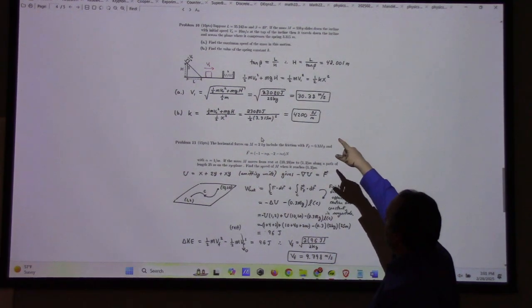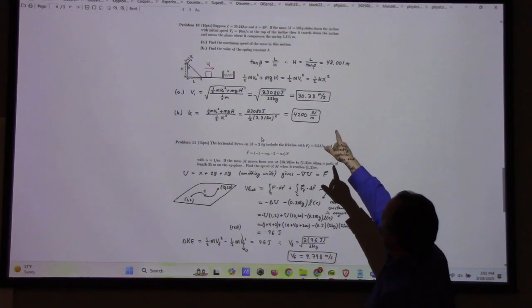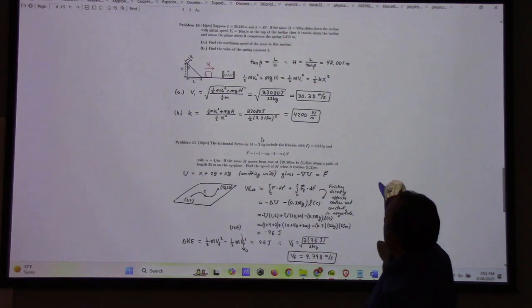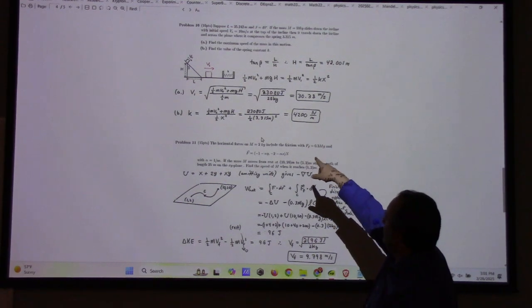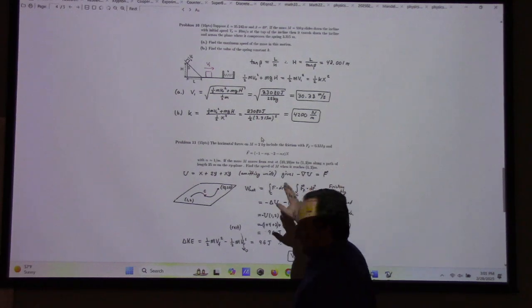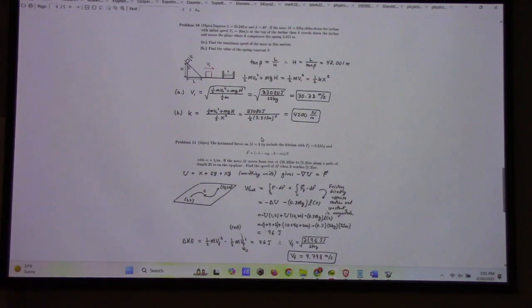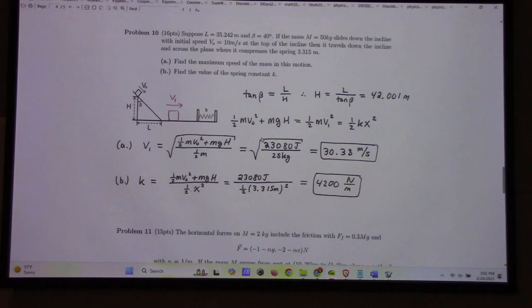I asked what the maximum speed of the mass was during the motion. So that'd be the velocity right as it gets to the bottom of the incline. And then I asked what the spring constant was. Let me make it bigger for you guys. I think that's a nice problem.